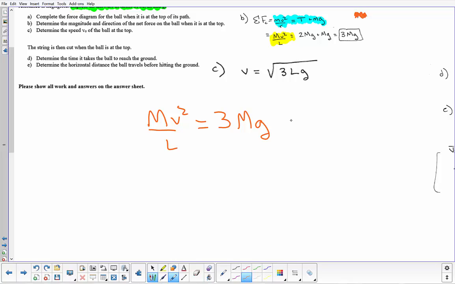I'm trying to get V by itself. I see that the m's can cancel out. I'm going to multiply both sides by L, and then I'm going to take the square root. So I get V is the square root of 3gL.